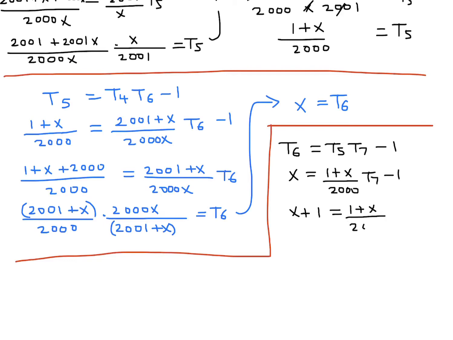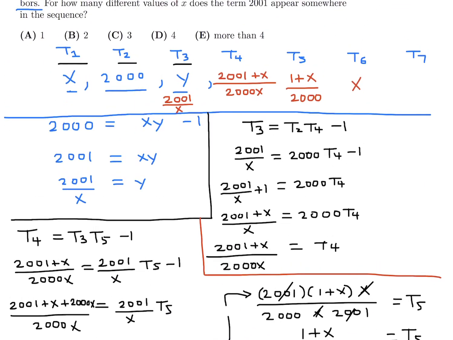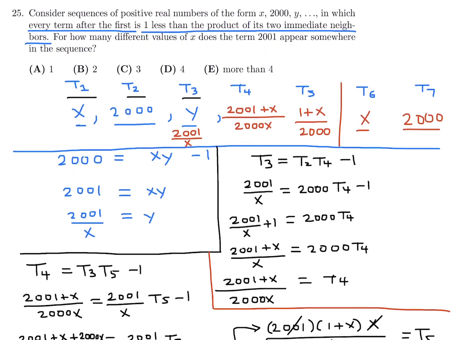So you got x plus 1 is equal to 1 plus x over 2000, T7, and therefore T7, cross multiply, 2001 plus x, so T7 is equal to just 2000. Perfect. So we indeed have a pattern, okay? It's going to repeat: x, 2000, 2000 over x, 2001 plus x over 2000x, 1 plus x over 2000, and then it'll be x, 2000, and it'll just keep on going like that.